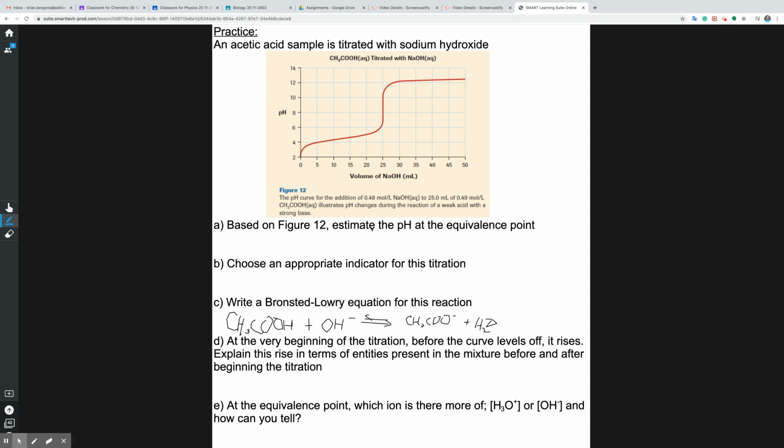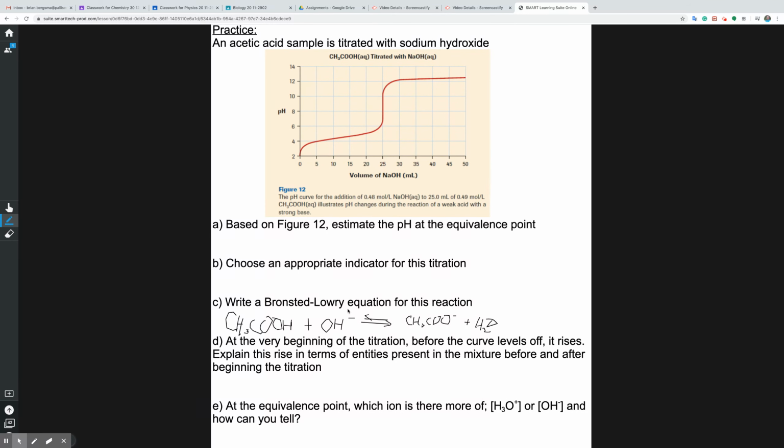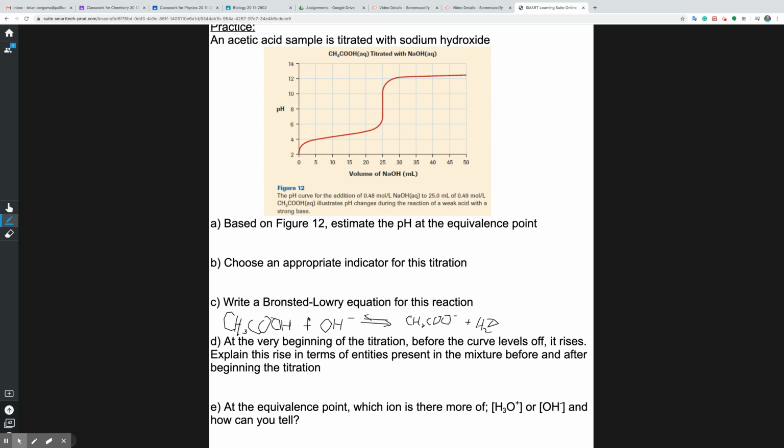As soon as you start adding OH-, it's going to go up because some of the acid turns into acetate. Depending on how much we're adding, it can go back and forth because we also have this entity present, so it can also go back. That's why we level out and have this buffering region here.